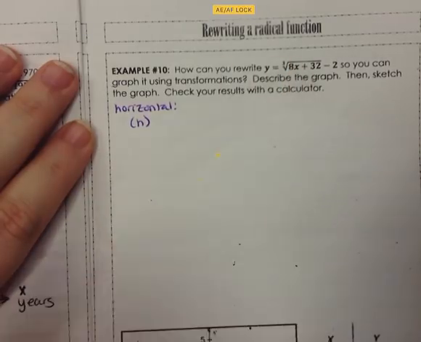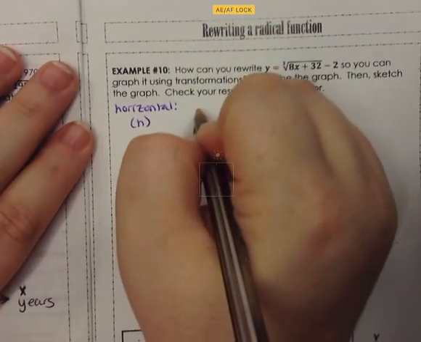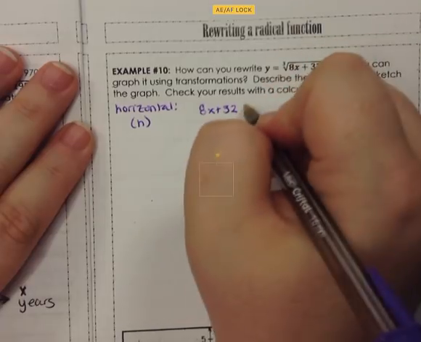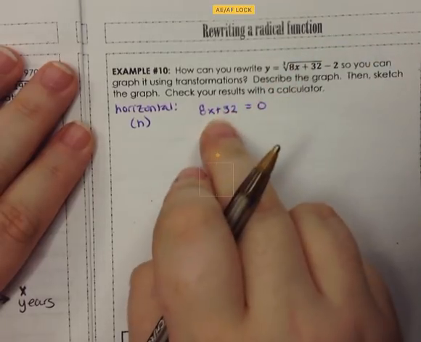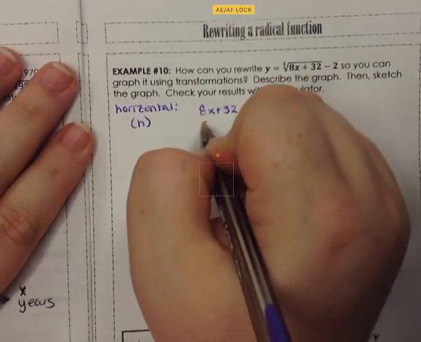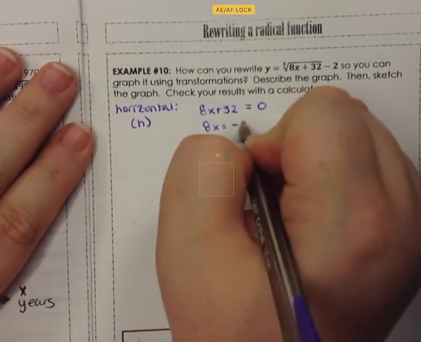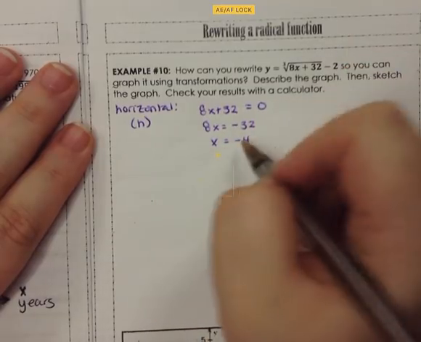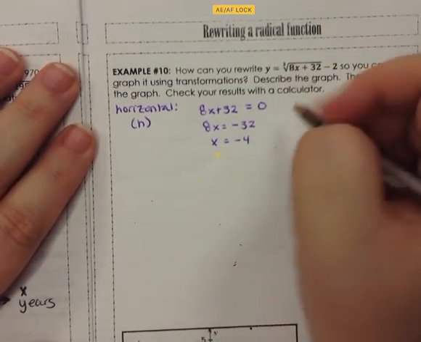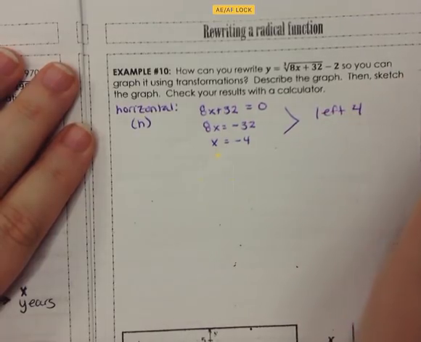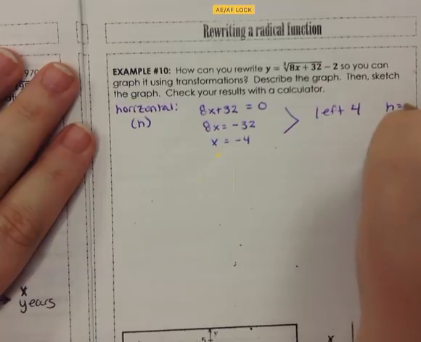So technically, your 8x plus 32 has to be equal to 0 because we need to figure out what that value is. So when we solve this, we'll have 8x equals negative 32, then x equals negative 4. So if the x is negative 4, that means it's actually going left 4. So h is equal to negative 4.